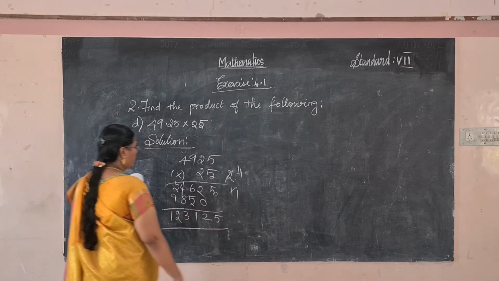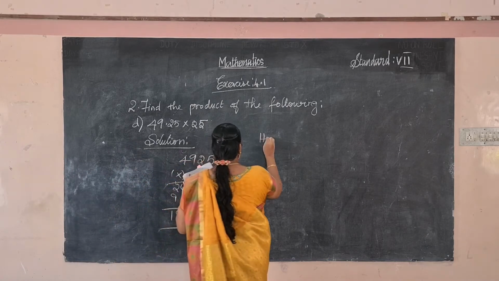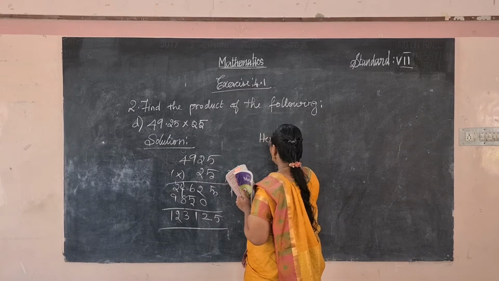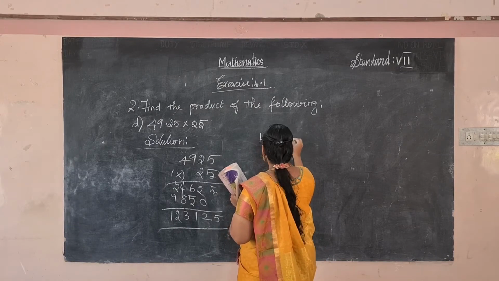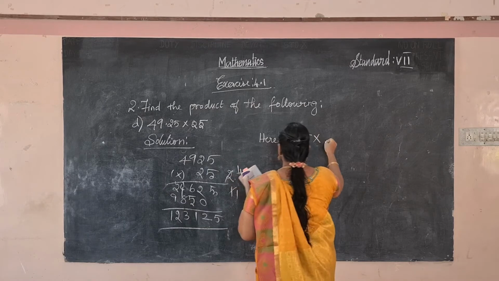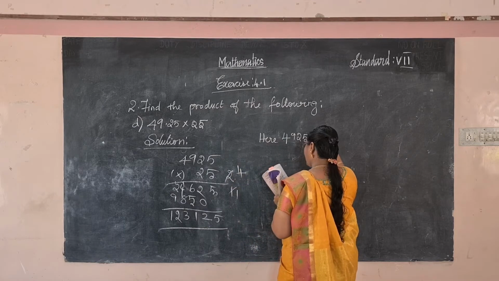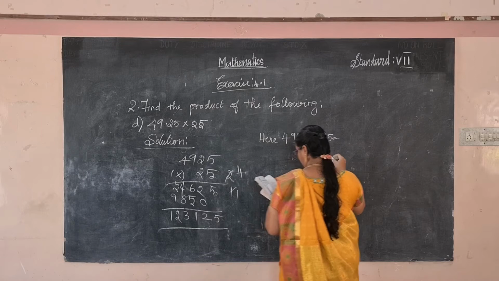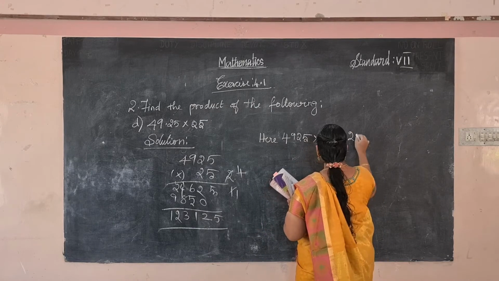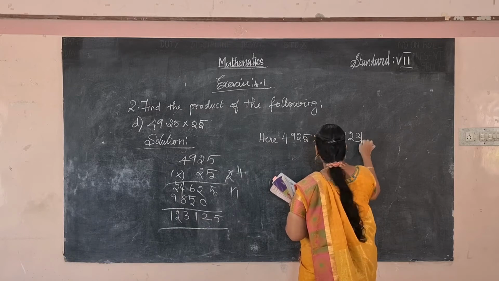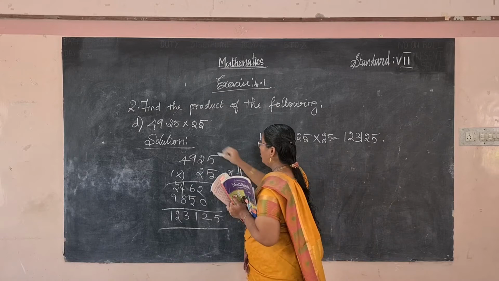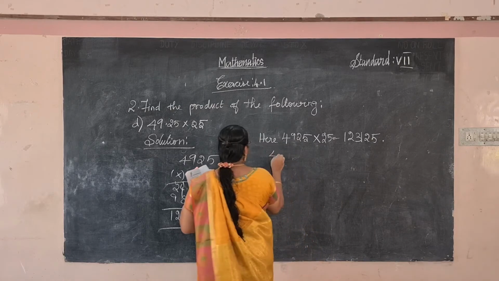Okay, so what is that value? 4925 multiplied by 25. What do we get? 123125.